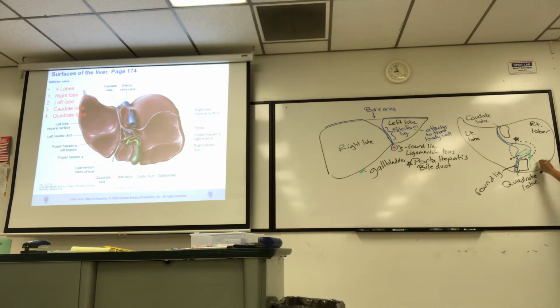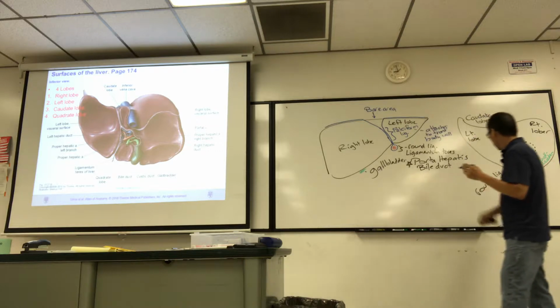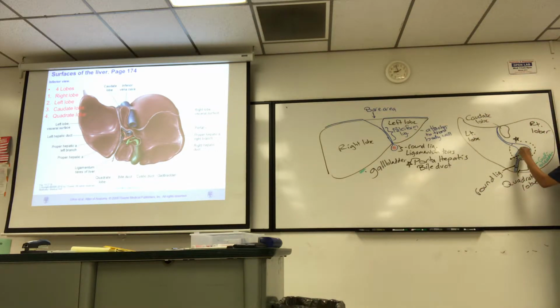So gallbladder, I'm writing here. The gallbladder, bile duct. There is the portal vein and proper hepatic artery. So I'm going to draw the arrow going in.